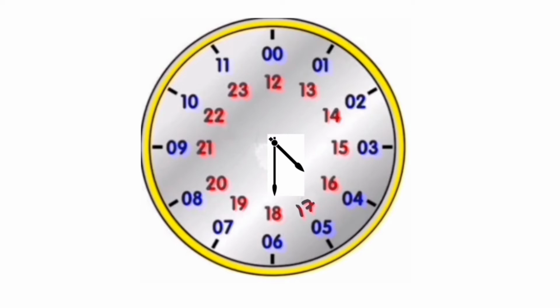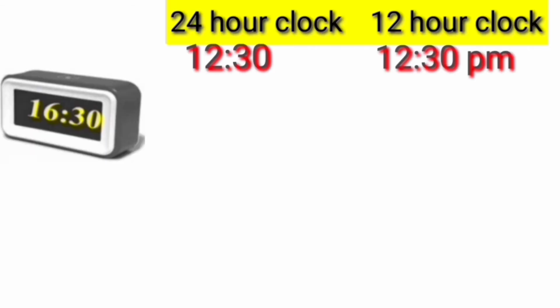Now let's solve this with another method. Dear students, the time up to 12 o'clock is the same in 24 hours format and 12 hours format. Here we have 12:30 in 24-hour clock and 12:30 p.m. in 12-hour clock.